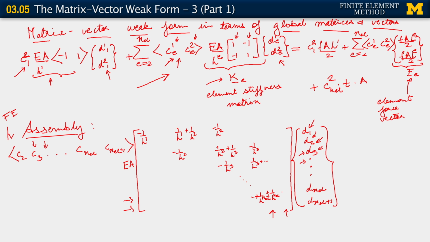So here we will get a contribution minus 1 over H NEL. Here we get a contribution also from the last element which will be minus 1 over H NEL. And here we get a contribution which is 1 over H NEL. So these are all the contributions that come from the individual element stiffness matrices.